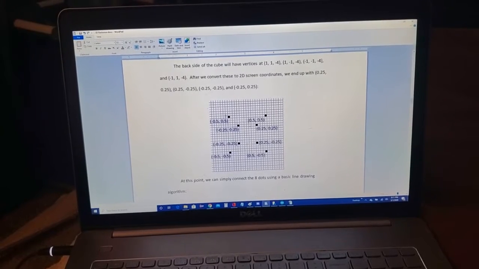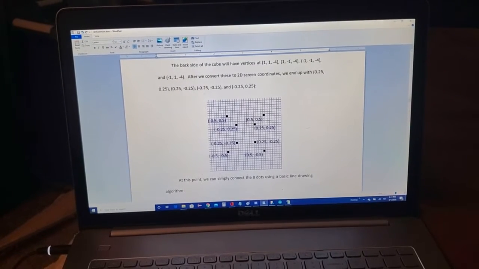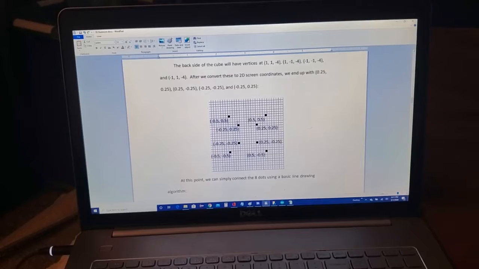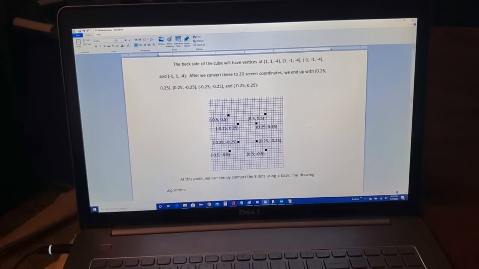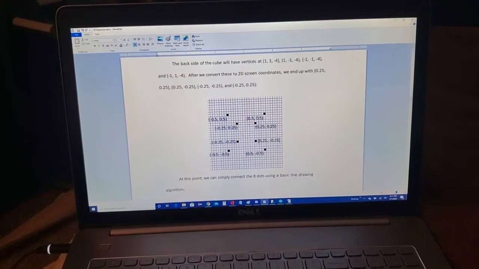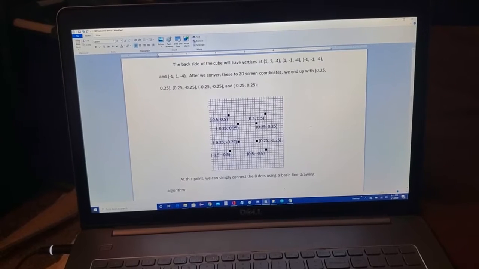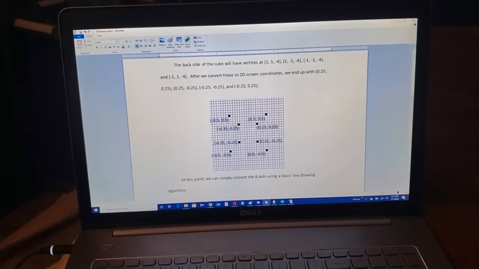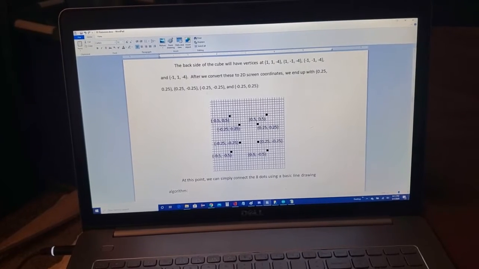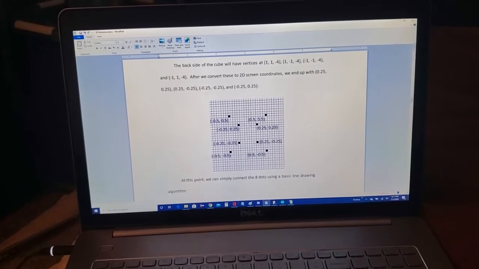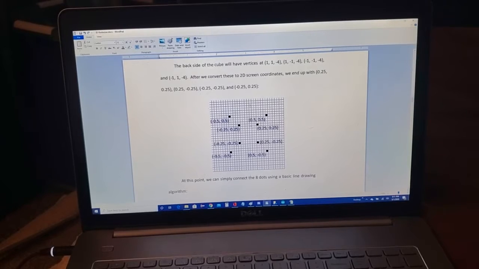And so here are the first 4 coordinates of the front side face, and here are the back 4 vertices at their various coordinates. So, like I said again, this inner square here is exactly half the width and height of this front side square because it is twice as far away.